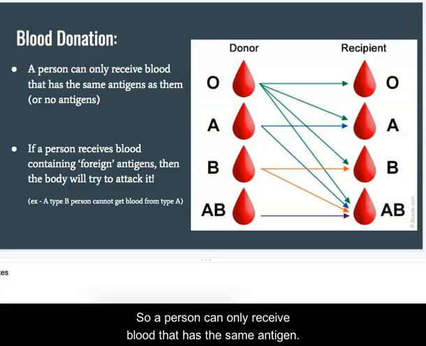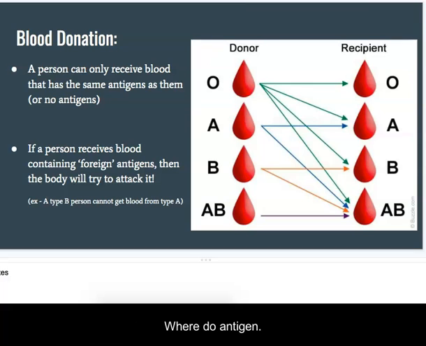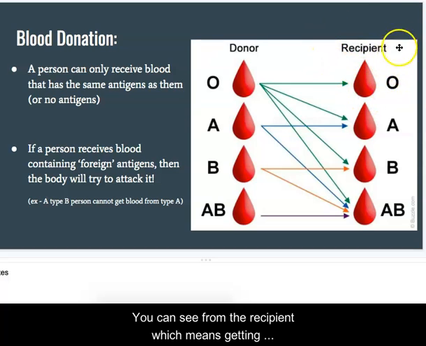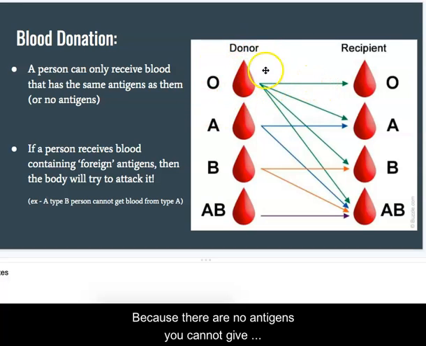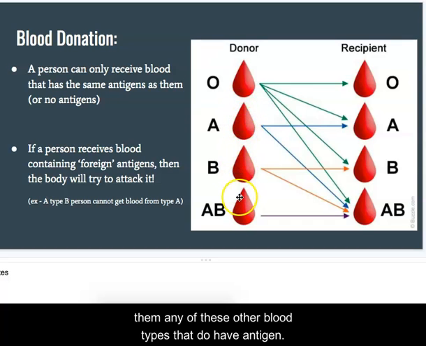So a person can only receive blood that has the same antigens or no antigens, which is why here you can see from the recipient, which means getting, type O blood can only get type O blood. Because there are no antigens, you cannot give them any of these other blood types that do have antigens.